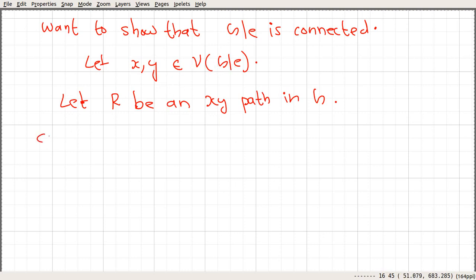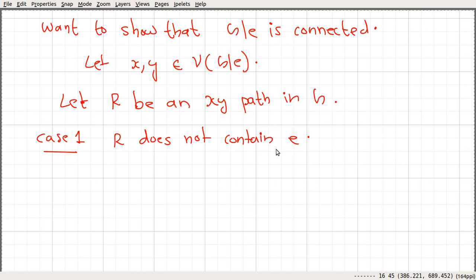So case 1: suppose that this R, the xy path in G, does not contain the edge E.